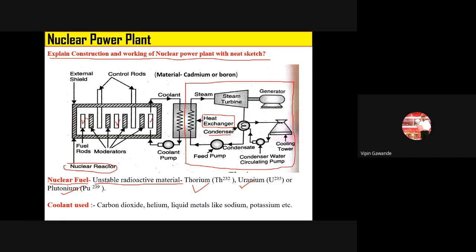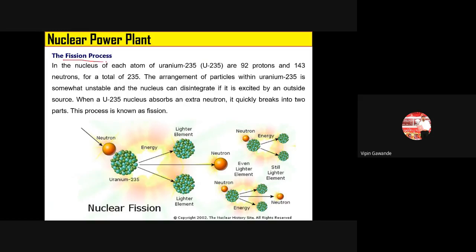Now, which type of reaction occurs inside the nuclear reactor? The reaction that occurs is called the fission reaction. What happens in this fission process? Suppose we take the radioactive material as a uranium atom. This uranium nucleus is bombarded with a neutron, and when the neutron strikes it, it splits into two lighter elements.